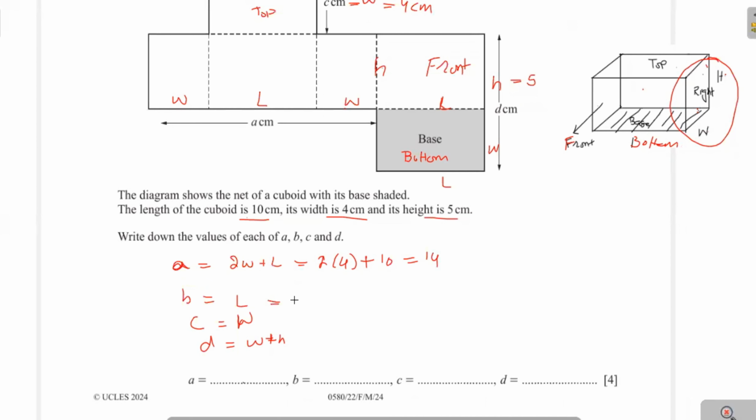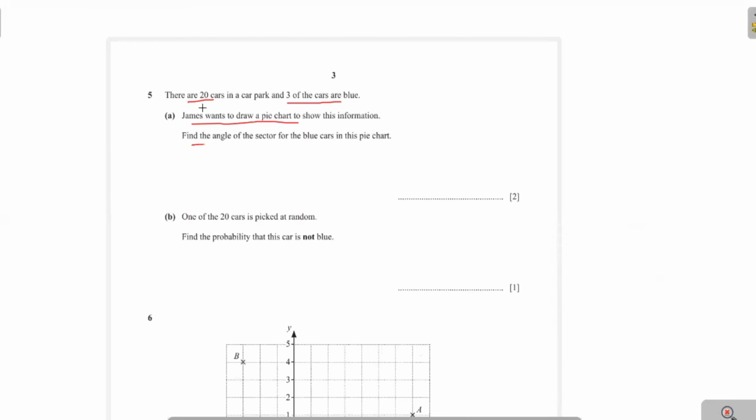Length is 10 centimeter, and W is 4 centimeter. Therefore, W plus H is 4 plus 5, which is 9 centimeter. So A is 14, B is 10 centimeter, and C is 4 centimeter. This is the answer.